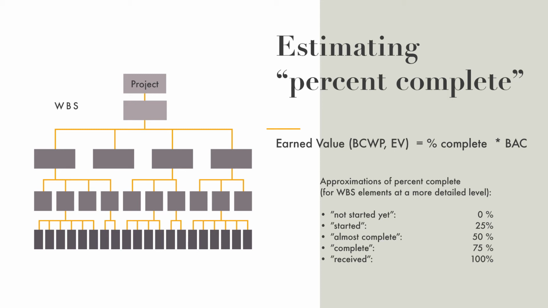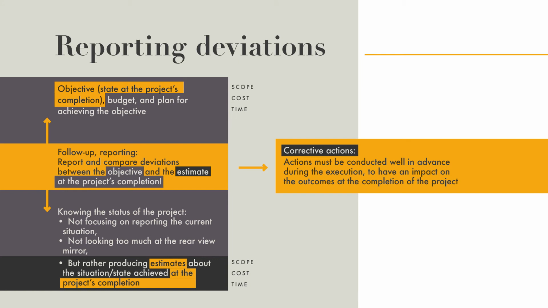So I sum up with this kind of picture. We have objectives and we have plans: time, cost, and scope. Then we also have an analysis of the situation, and what is important is that we have the analysis of the project situation at the end of the project. So it is an estimate.